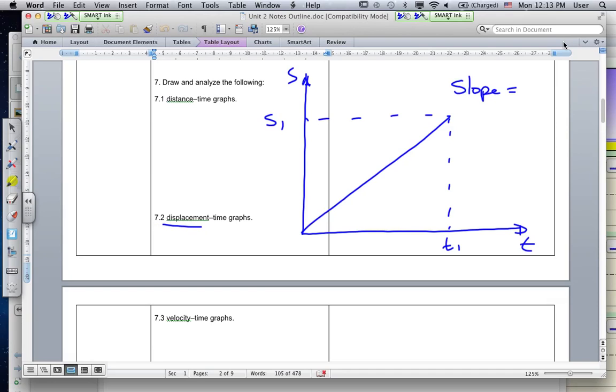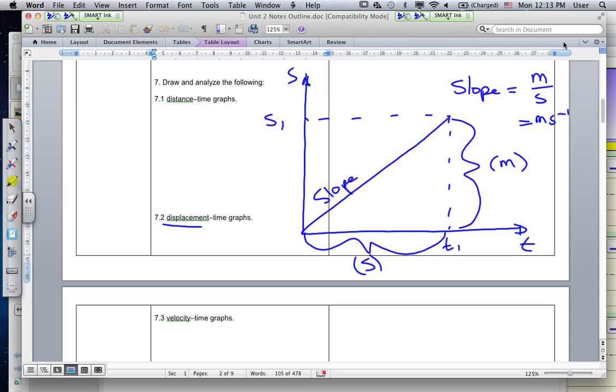Whenever we are dealing with slope, we are dealing with what we call rise over run. So the rise is measured in meters, and the run is in seconds. So when you're finding your slope, it's meters divided by seconds, or meters per second. The important thing to remember here is that the slope of a displacement-time graph equals your velocity.